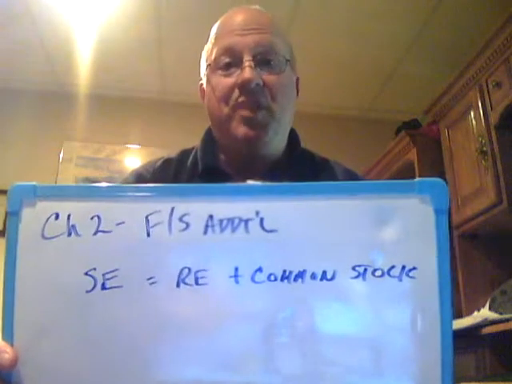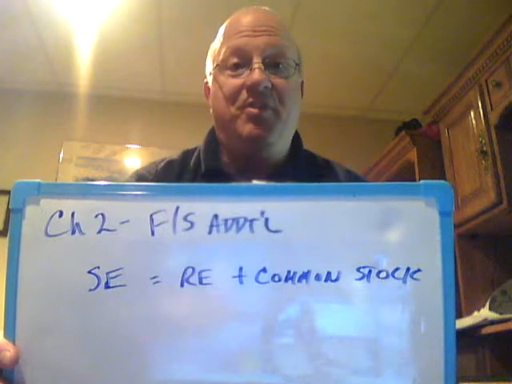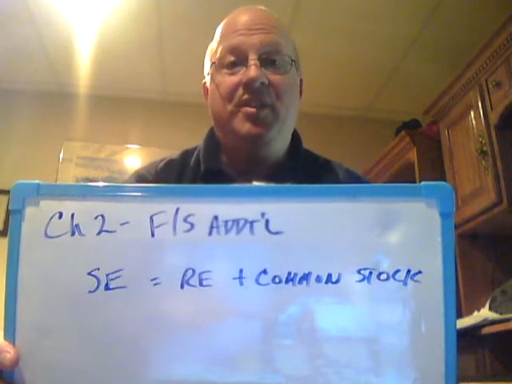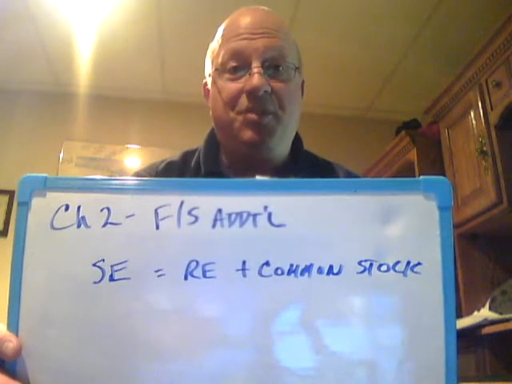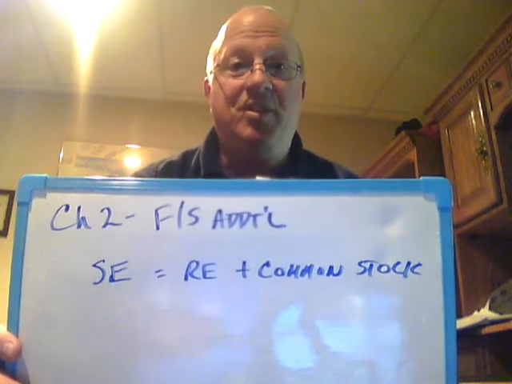And again, stockholders' equity, which I'm abbreviating SE, basically equals retained earnings plus common stock for most of our purposes. You go into more advanced accounting, and there will be other types of stock like preferred that will come into play more so, but for our purposes, stockholders' equity equals retained earnings plus common stock.